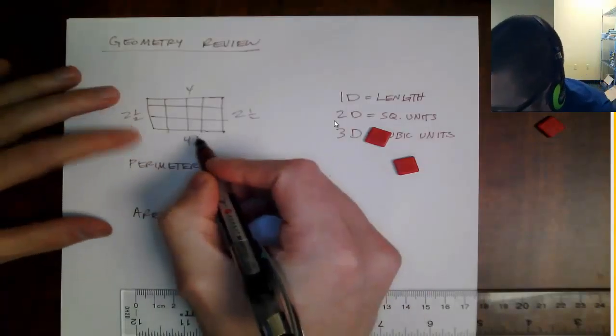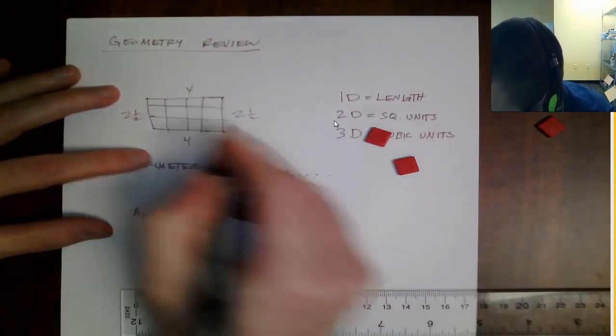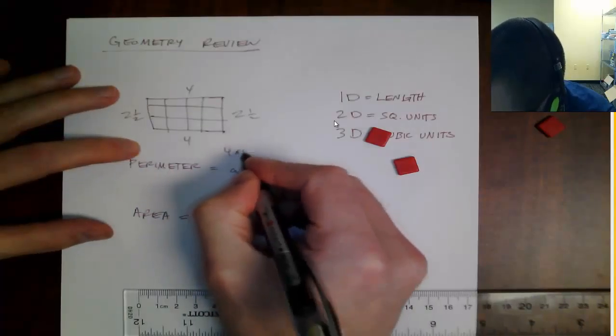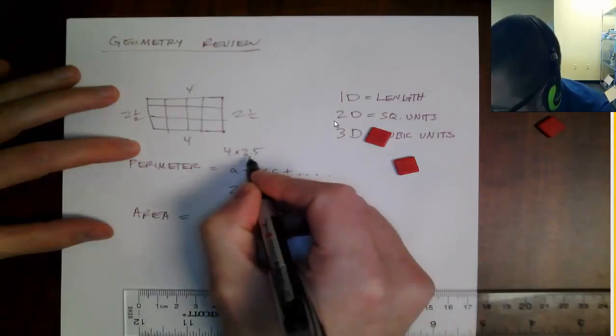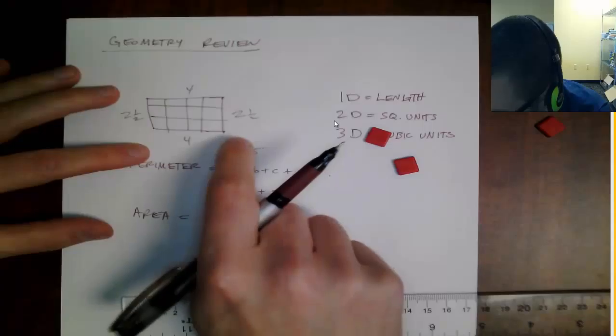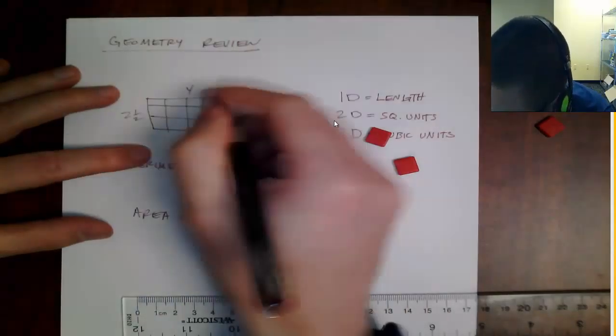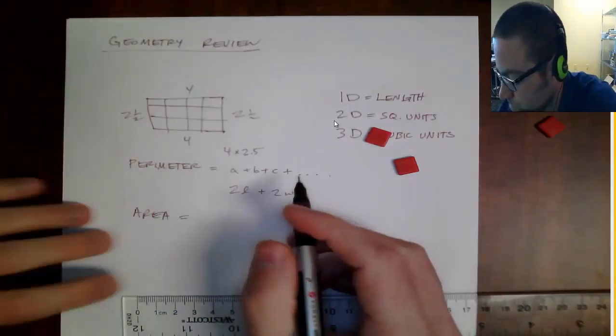The way you can do that is, I have 2.5 groups of 4, so I could say 4 times 2.5, which would be 10. Or 2.5 plus 2.5 plus 2.5. So this is 5, and this is 5, so a total of 10.